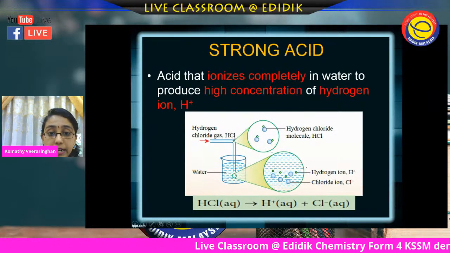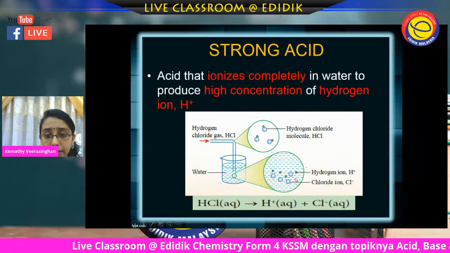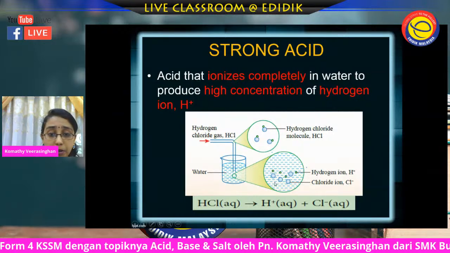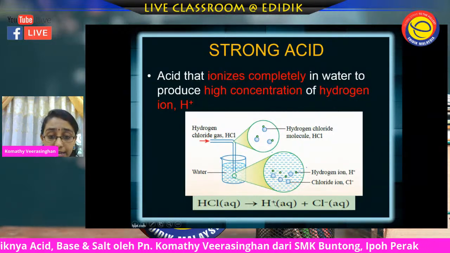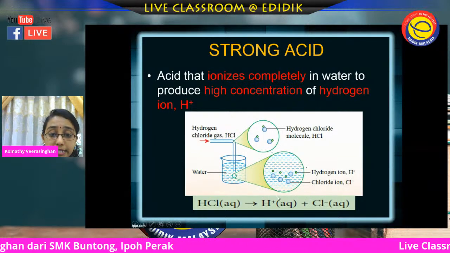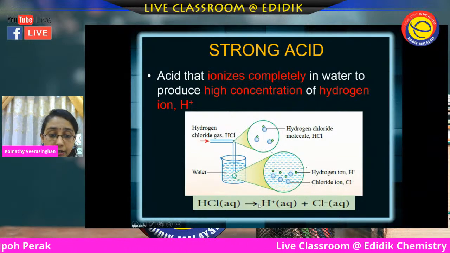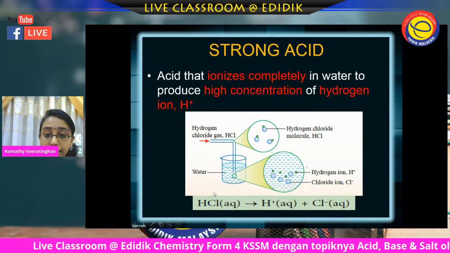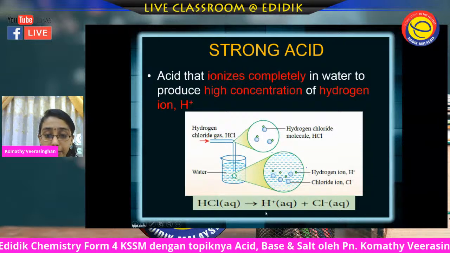As you can see in this diagram, hydrogen chloride dissolves in water. Can you see? All the molecules have been ionized completely into hydrogen ions and chloride ions. This is called complete ionization. None of the hydrogen is retained in the molecule form. Everything has been ionized to hydrogen ion.